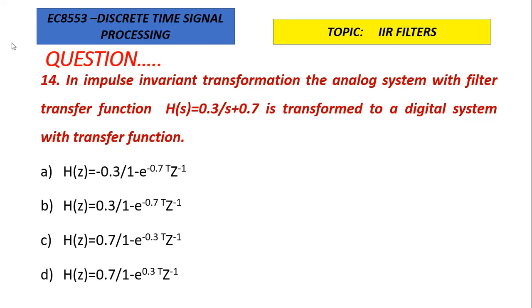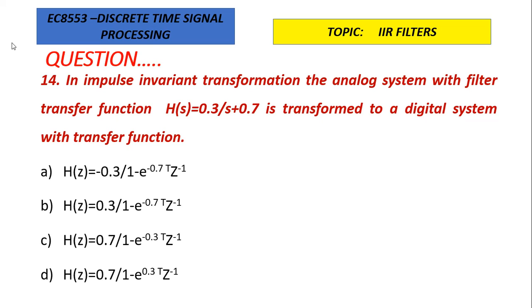So, the analog filter of transfer function H(s) is transformed to a digital filter of transfer function H(z). What is that H(z)? They are asking. The method used to convert that analog to digital IIR filter is the IIM method, impulse invariant transformation. What is the answer for this?